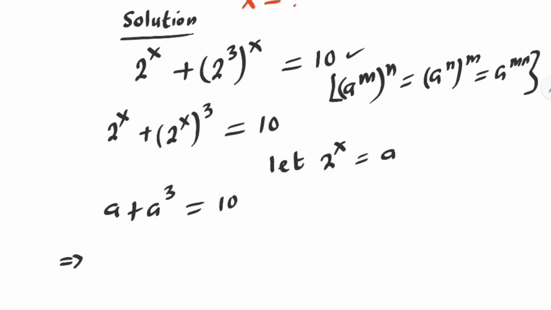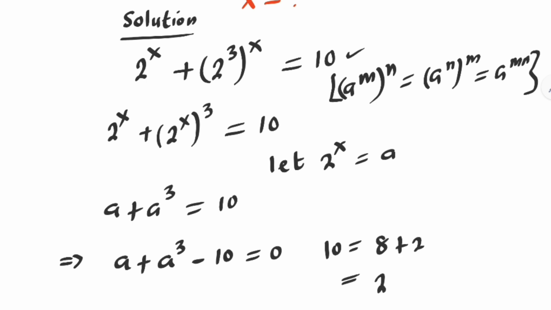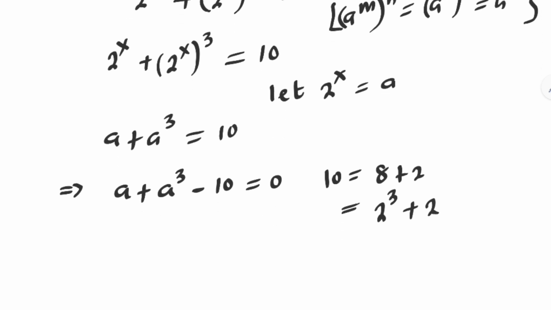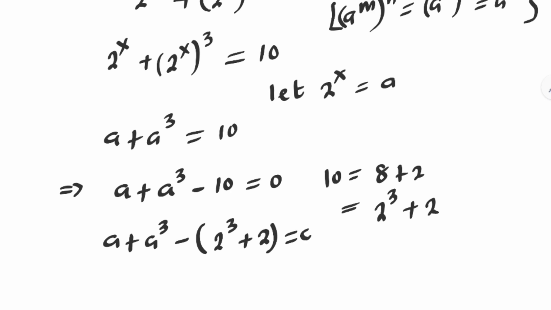This is a plus a raised to power 3 minus 10 is equal to 0. 10 is equal to 8 plus 2, and this is equal to 2 raised to power 3 plus 2. Now we have a plus a raised to power 3 minus 2 raised to power 3 plus 2 is equal to 0.